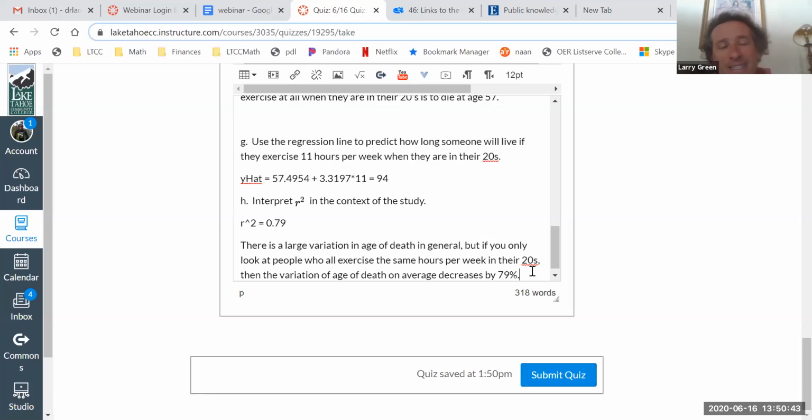By the way, it's an interesting question, and an important one in the real world. Who uses this particular study? Who cares about this study? Life insurance companies. Exactly. They can only do what they're allowed to do, but they definitely look at who you are before they give a quote on how much you have to pay for life insurance.